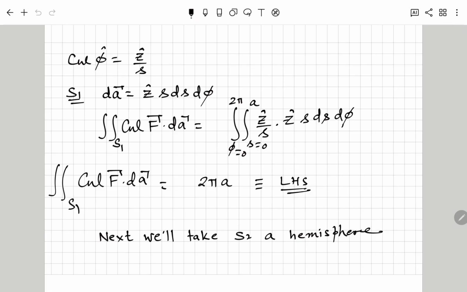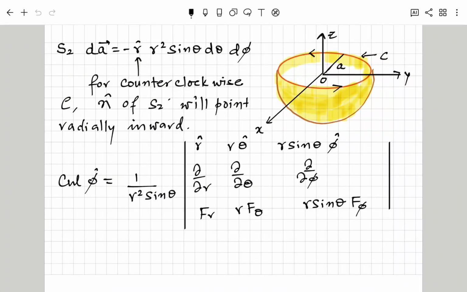So next we'll change our capping surface to a hemisphere as depicted in this picture. Note some important thing. This is our original boundary C of radius A. The moment I take a hemisphere as a capping surface, this A turns out to be the radius of that hemisphere, because I have kept my circular loop on the z equal to 0 plane, or you can say the theta equal to pi by 2 plane.